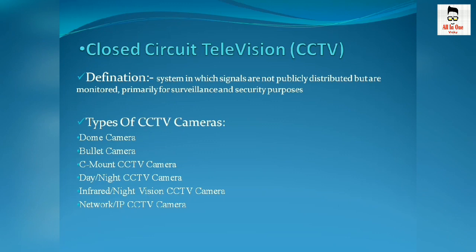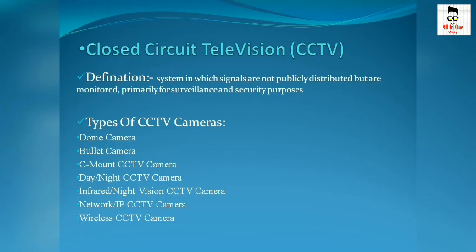IP means internet protocol, so it works on a network, and that is why they are called IP and network CCTV cameras. Next point is wireless cameras. Wireless cameras can be accessed through the internet because they don't have any connections with the DVRs and all. DVR, what is DVR? I will explain it later.